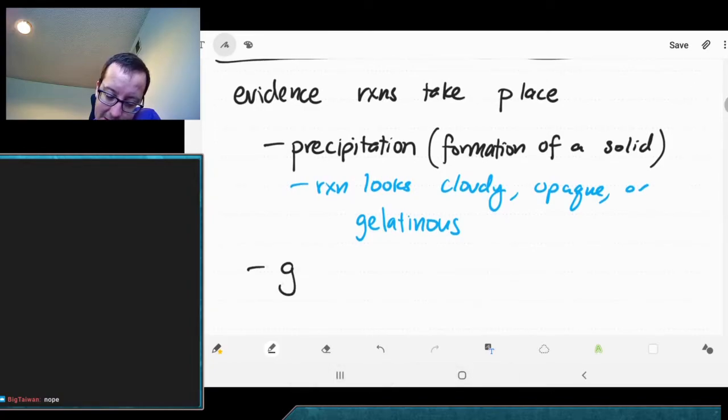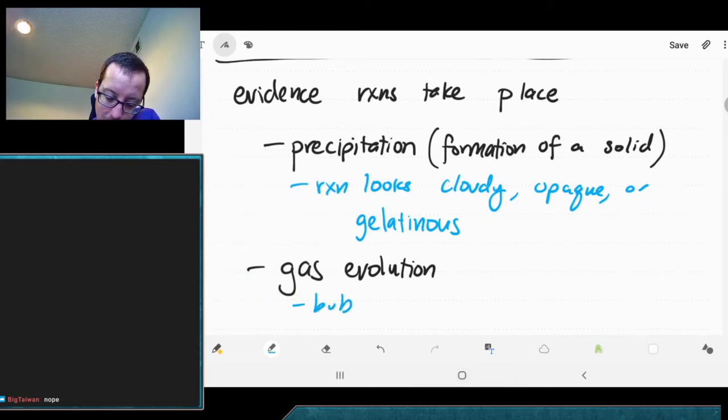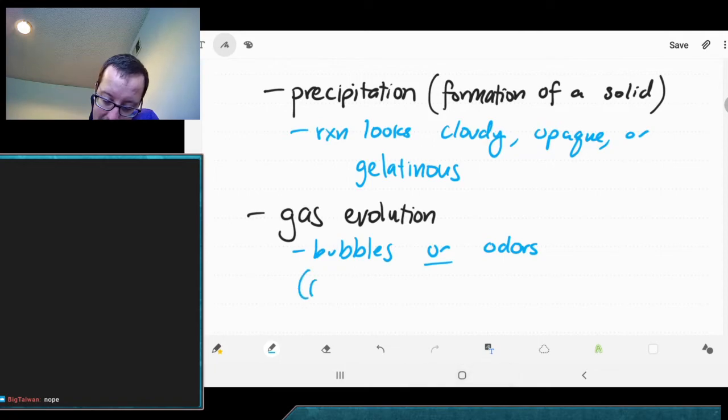Another one is gas evolution. Obviously, that's formation of a gas. And we often would just see bubbles taking place, or we might have things that smell. So bubbles would be something like CO2 or SO2.